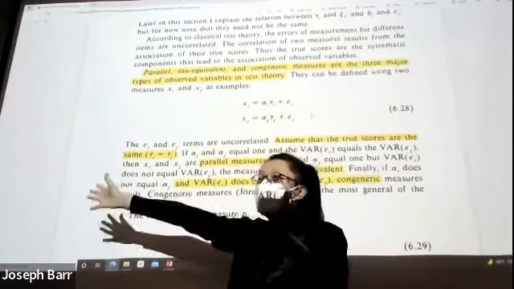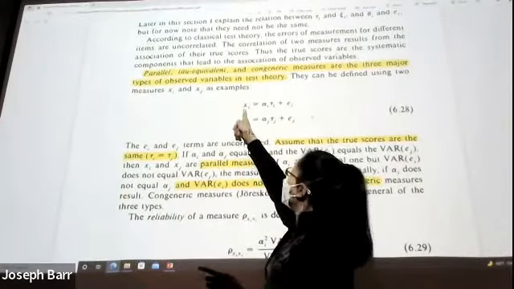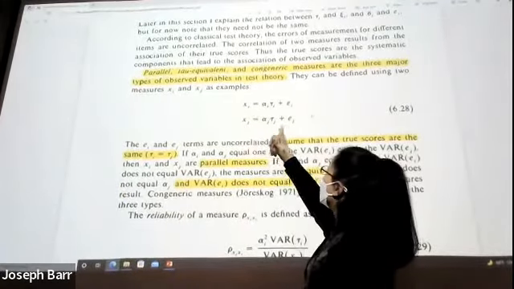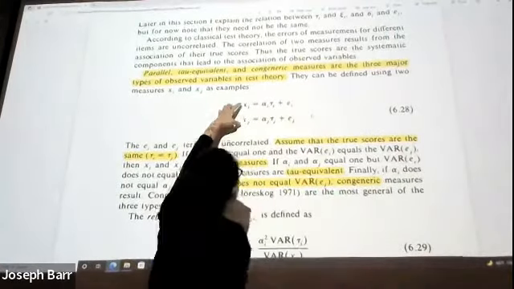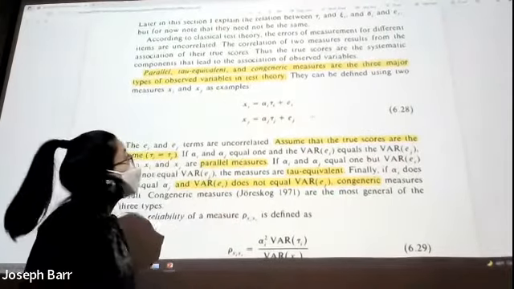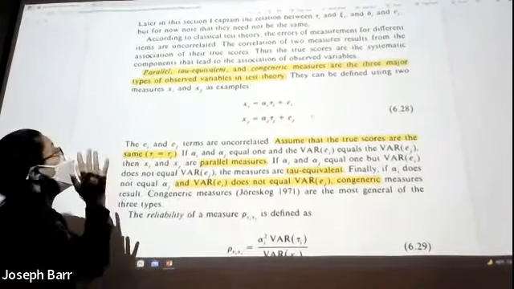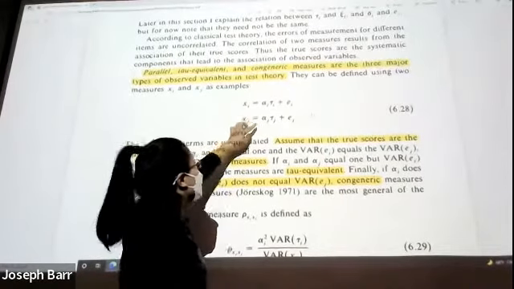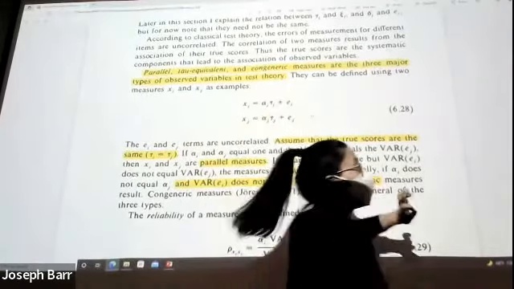And we have another measure, this is x3. When we say these two are parallel, what does that mean? Parallel is almost the same, so we make sure all of these are the same.